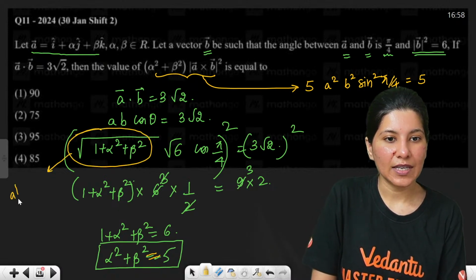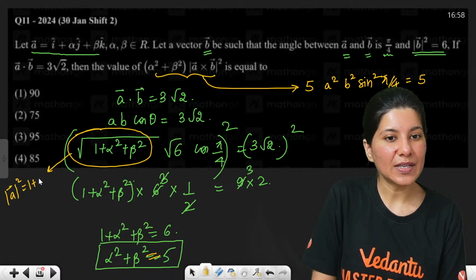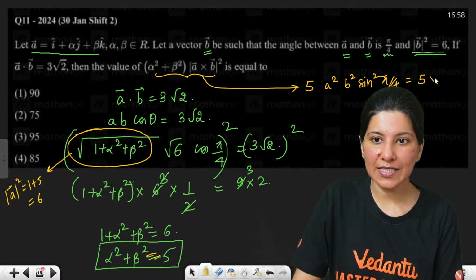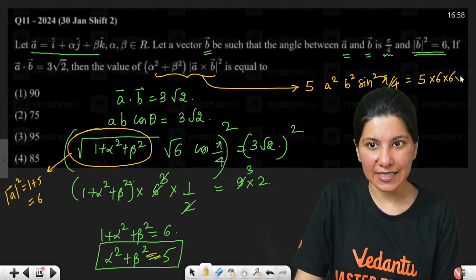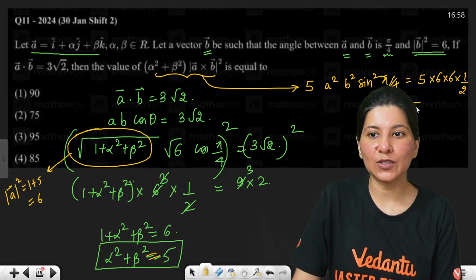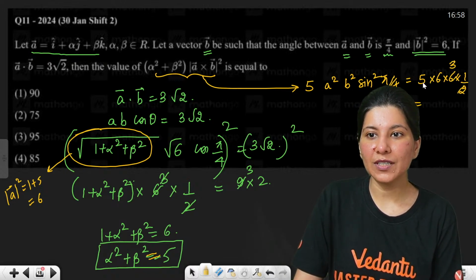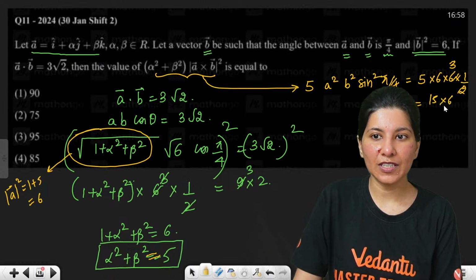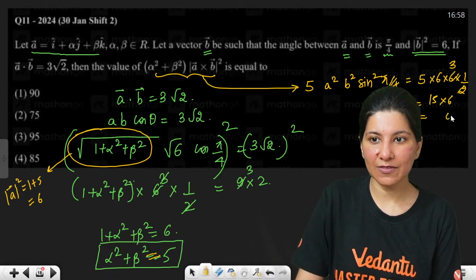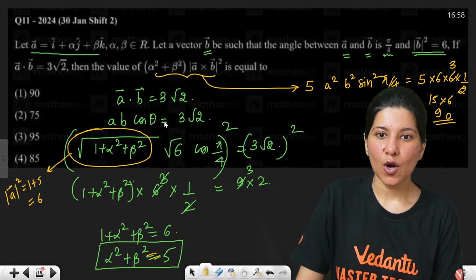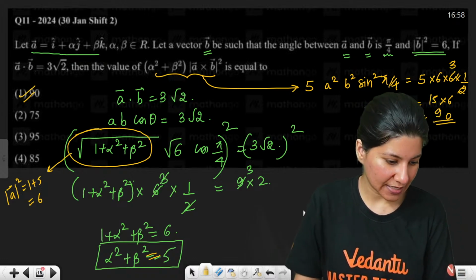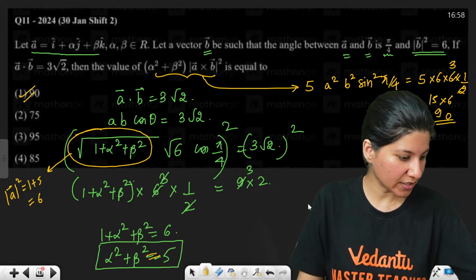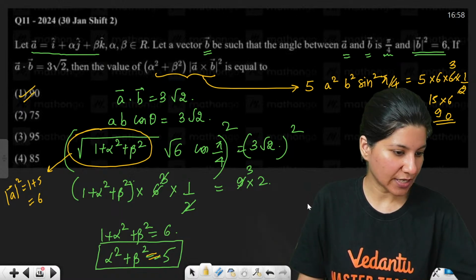So A square will be 1 plus 5, that is 6 only. So this is 6. B square is also 6. Sine square pi by 4 is 1 by 2. So this is going to become what? 5 3s are 15, 15 into 6. So this is 6 5s are 30, so 90. Option A absolutely right, 90. Got it?